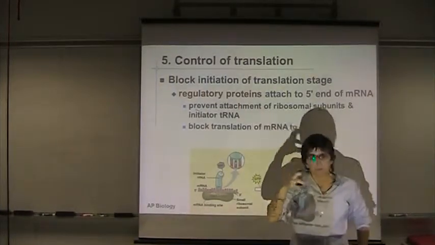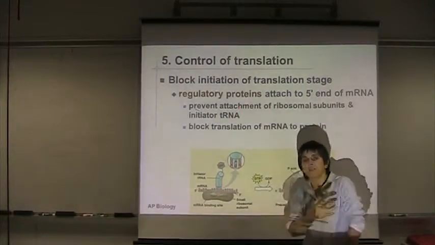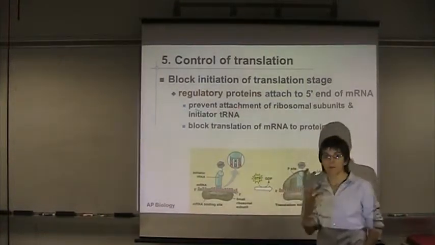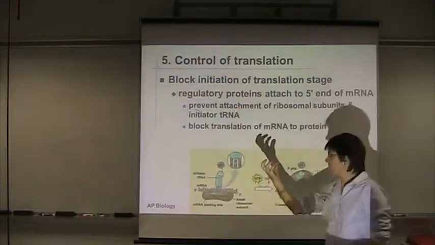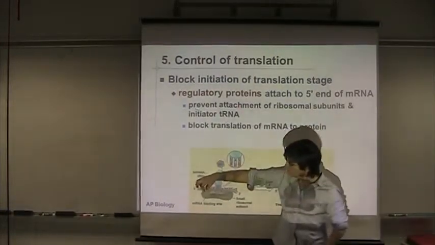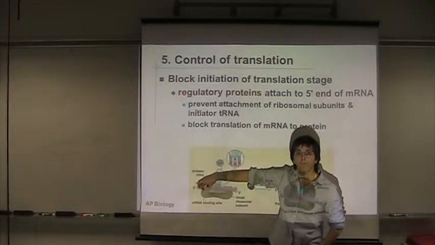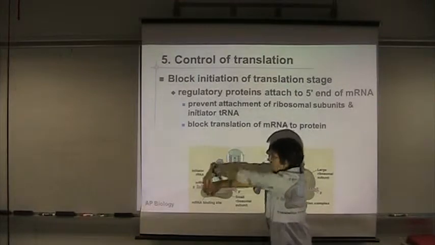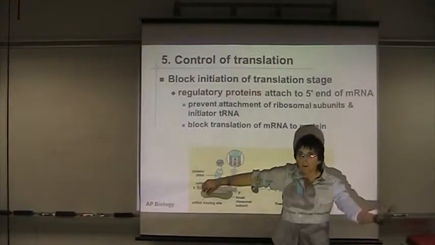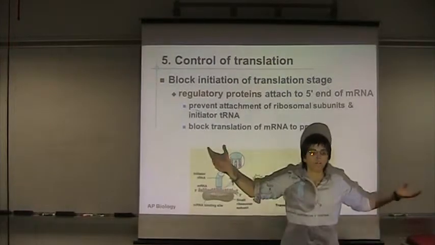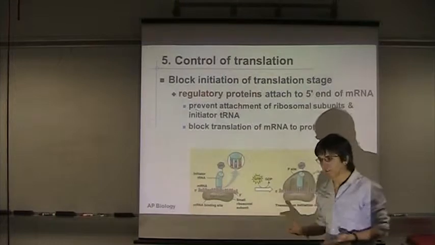These are proteins that actually regulate the process of translation and they can block it any minute. That regulatory protein can attach to the messenger RNA here and physically prevents the attachment of the large subunit. No large subunit, no translation.